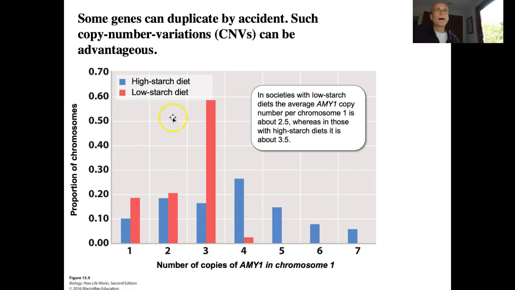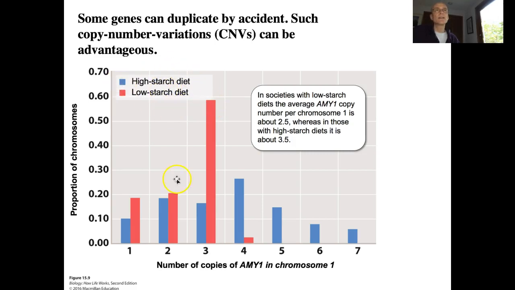A little bit more than half the time, people who have a low starch diet, or populations that don't eat much potatoes and wheat, things like that, will have up to 3 copies, or 60% will have 3 copies of this AMY1 gene.